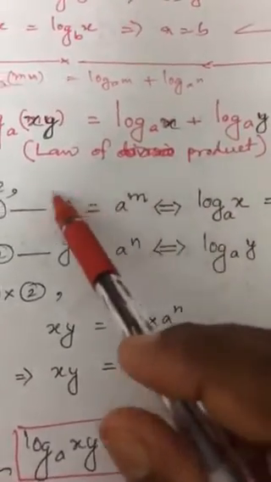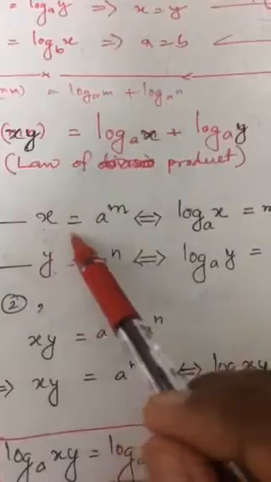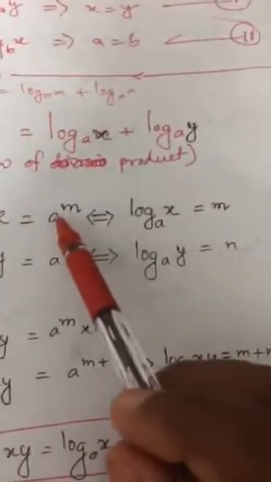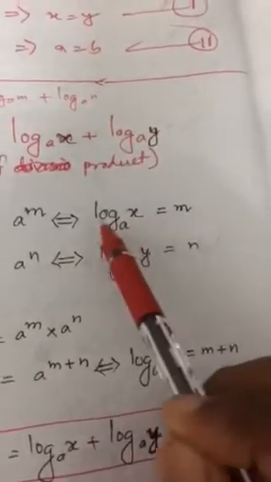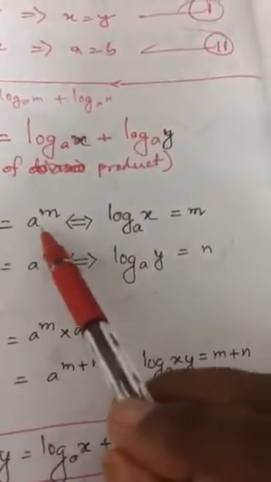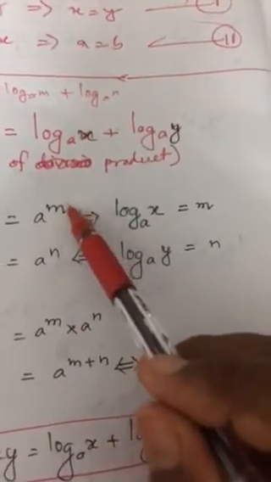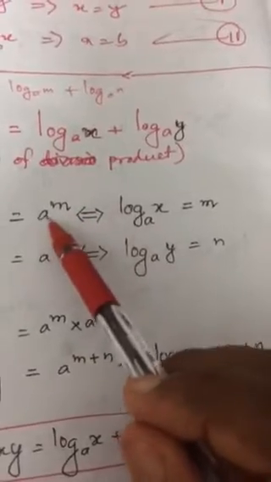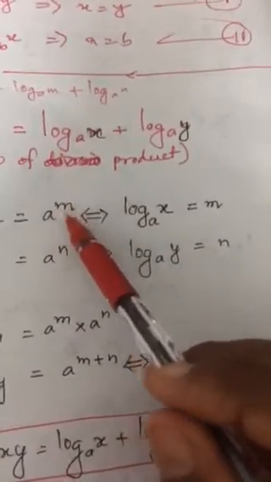This is the index notation form, or index form. If I change this into logarithmic form, I have to write log of x to the base a is m.